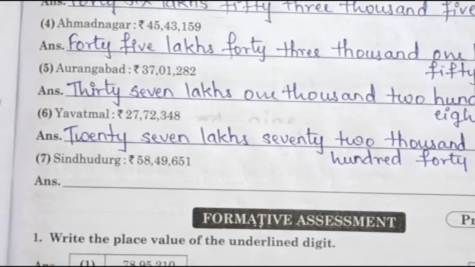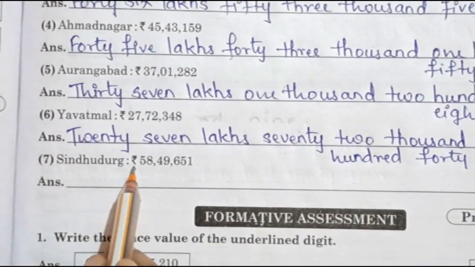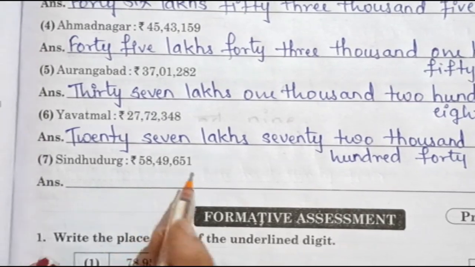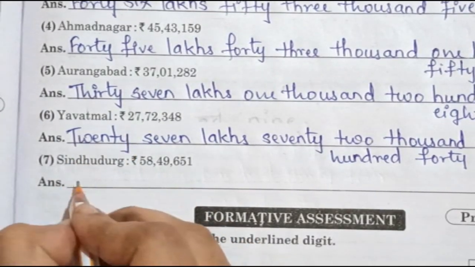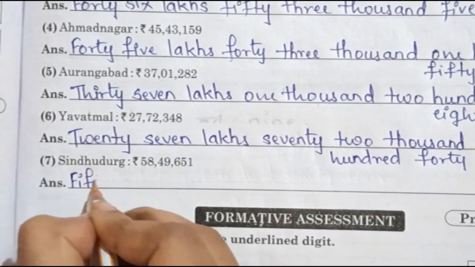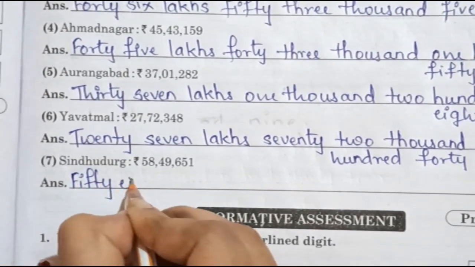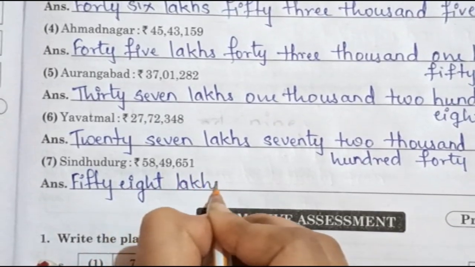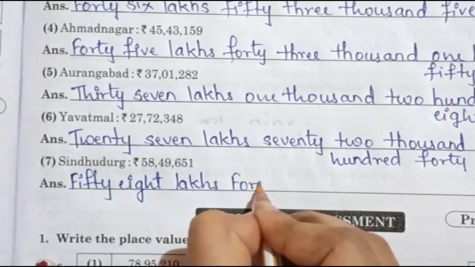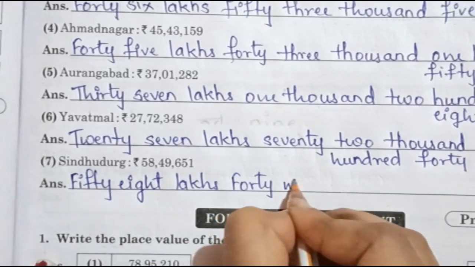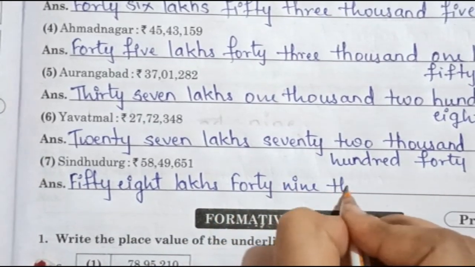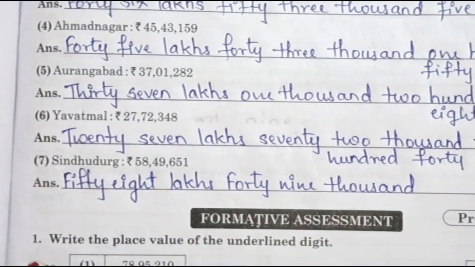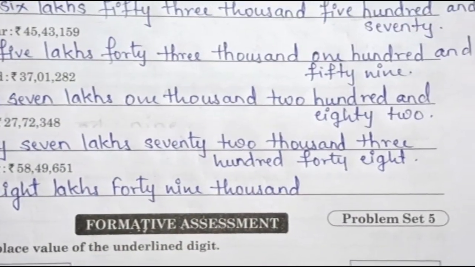Okay. The last one is Sindhudurg has given rupees 58,49,651. So Sindhudurg has given rupees 58 lakhs 49,651.